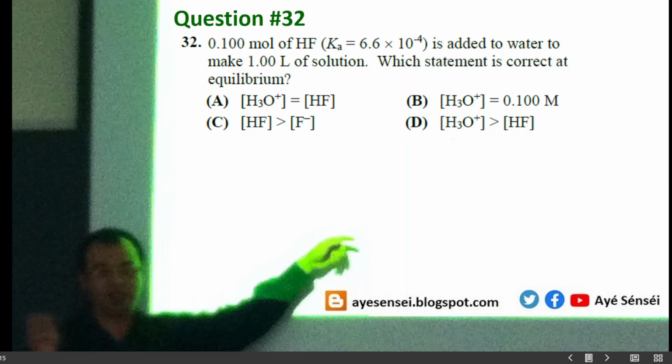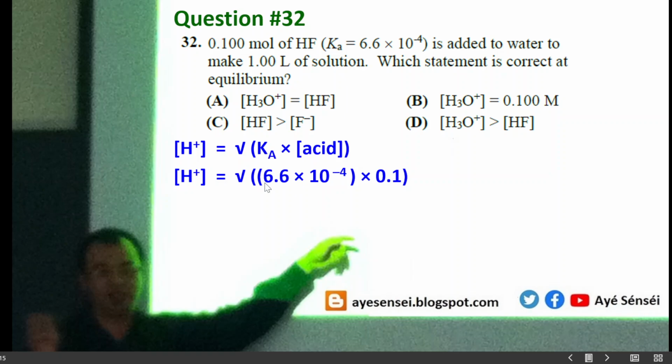Okay, next, continue to question number 32. Last question. So the mole of the weak acid is 0.1 mole, and the volume is 1 liter, so that makes the concentration 0.1 molar. And then to find the concentration of H+, we can just apply this formula, the root of Ka multiplied by the concentration of the acid.